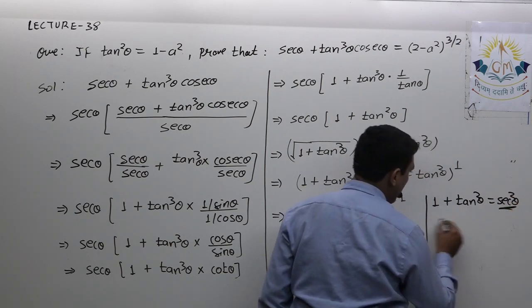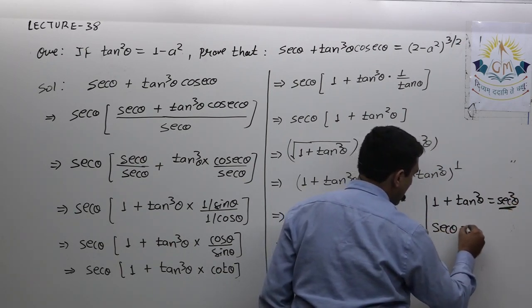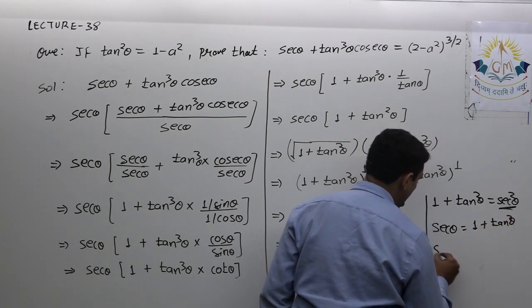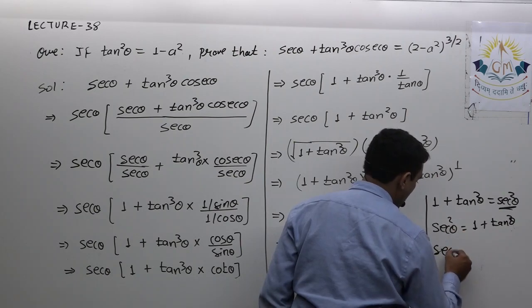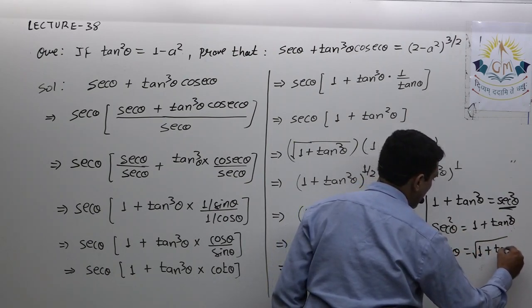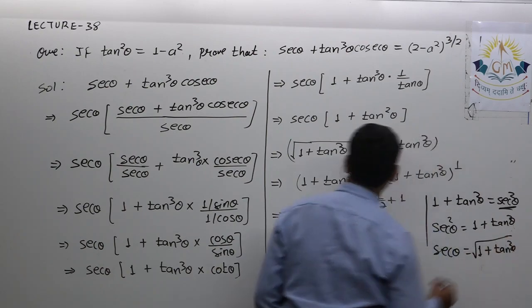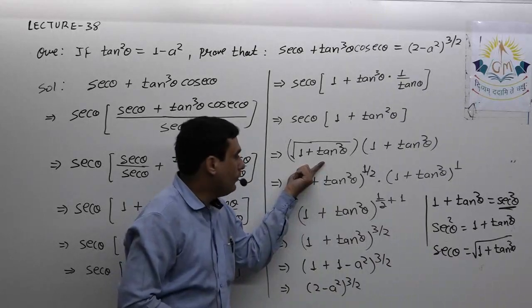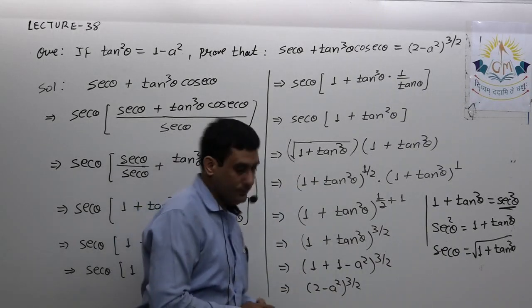So from this, sec theta is equal to root over 1 plus tan square theta. So I simply replace sec theta with root over 1 plus tan square theta.